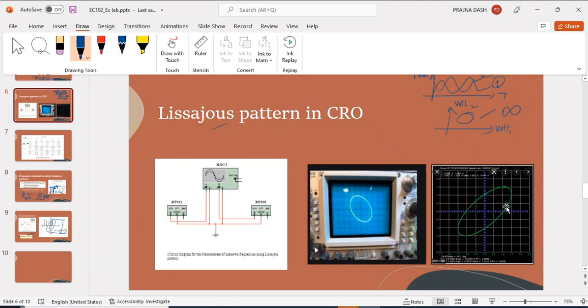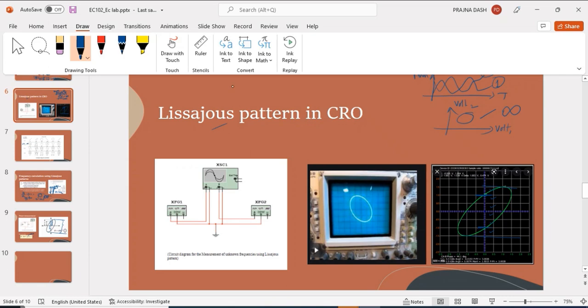Here you have to calculate the phase difference from this Lissajous pattern. From this peak to this peak, how much distance is it covering? Just count 1, 2, 3, 4, 5, 6, six complete divisions. Another distance we can calculate is where the ellipse intersects the axis, this distance to this distance.